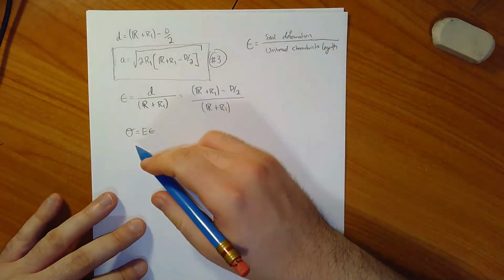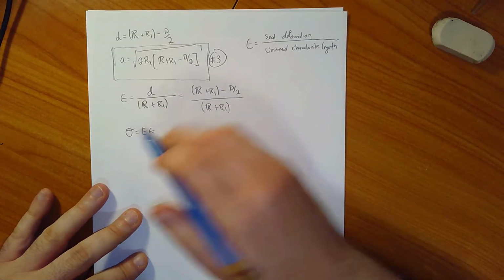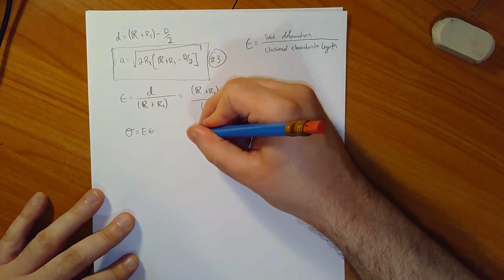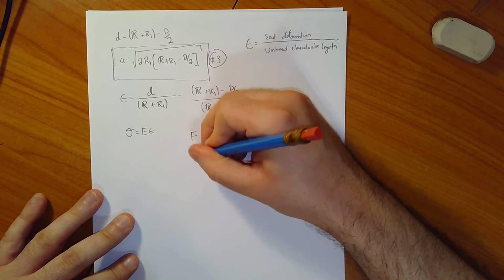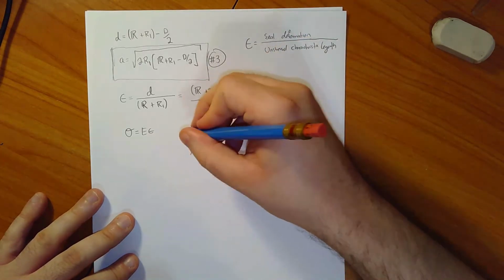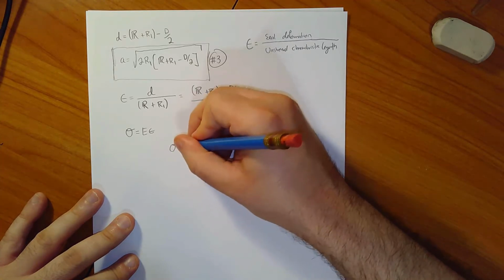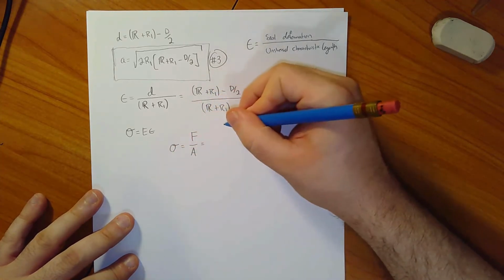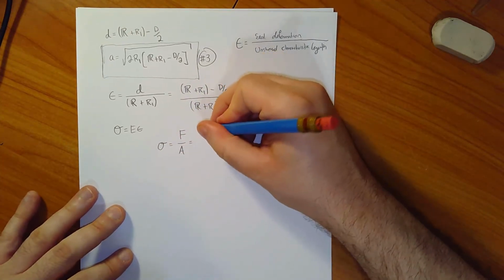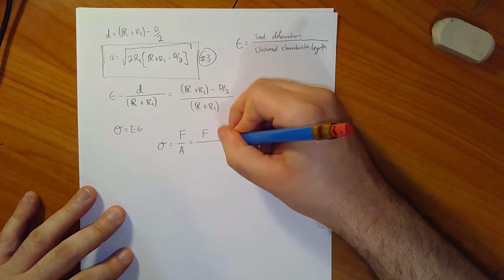And if I rewrite this, this term is just the force over the area. So let's say sigma is equal to force over area. What is that? Well, it's a force, which I'm still trying to find, over the area.